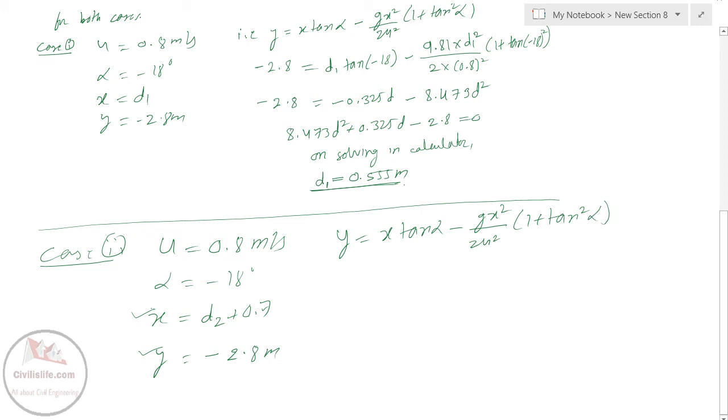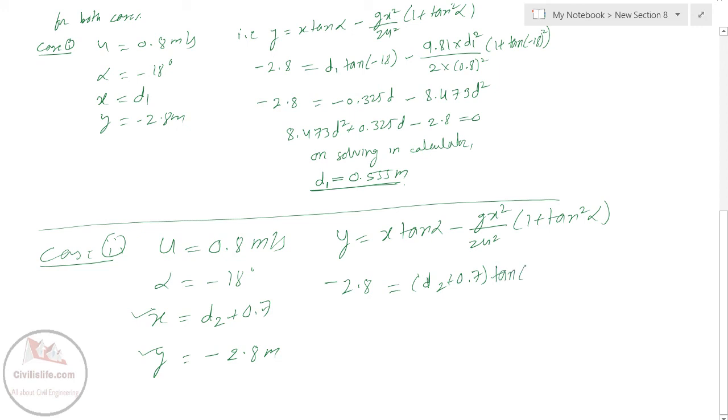So substitute the values. Minus 2.8 equals, x is d2 plus 0.7. I have written d1 here and d2 here just to differentiate them.